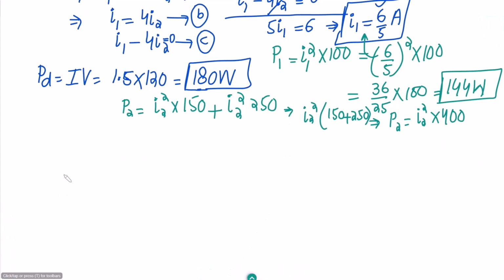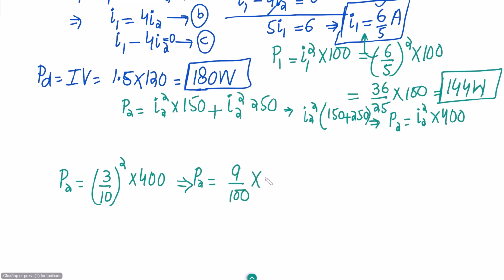So now, the value of I2 is known, and that is (3/10) whole square multiplied by 400. So P2 is 9 divided by 100 multiplied by 400, so ultimately we will get 36 watts.